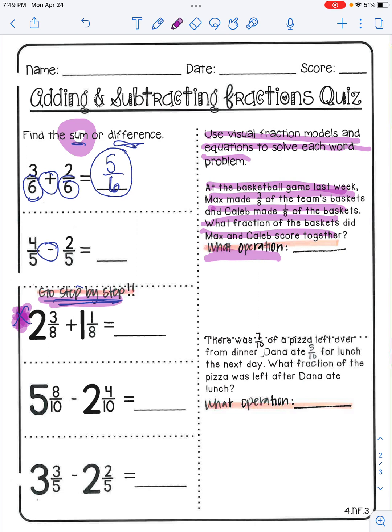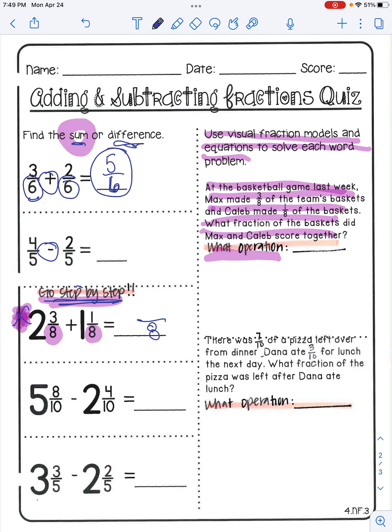Okay, for this one right here, it says go step by step. So we're going to start with this one first. First thing I'm going to notice is that I have denominators that are the same. So I'm going to go ahead and not make any changes to that. That is going to stay the same. My answer is going to have the denominator of 8.